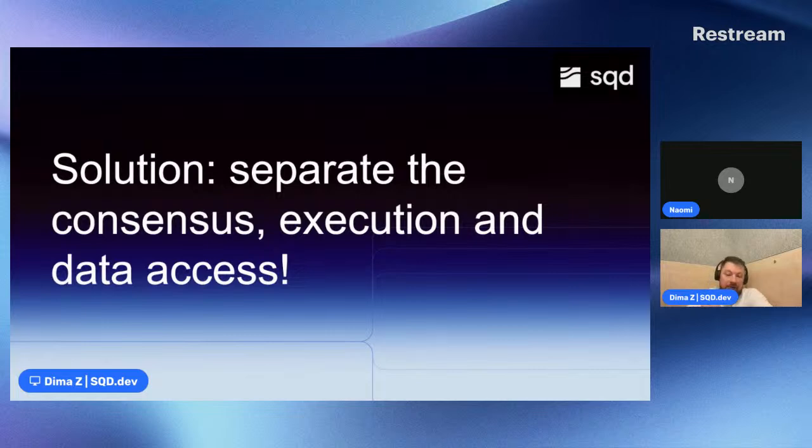But when it comes to the data, let's just build a separate layer, a separate solution that would allow you to query this data efficiently, and also so that it can handle as much data as we need. So then the nodes are not constrained by this floating state anymore, and it becomes just sort of an execution machine.